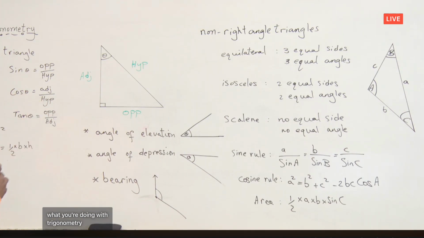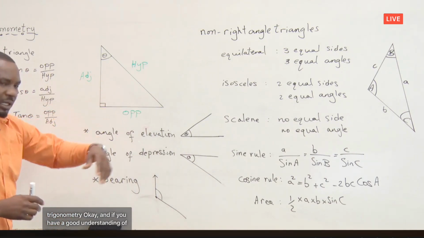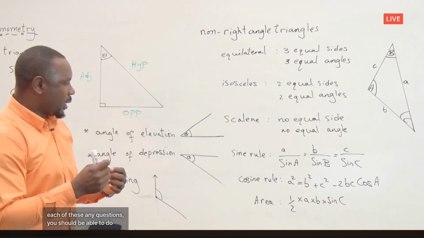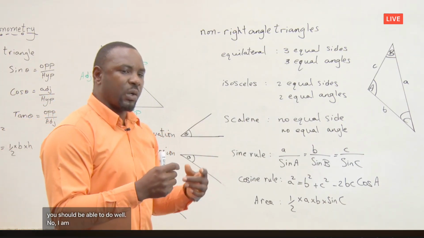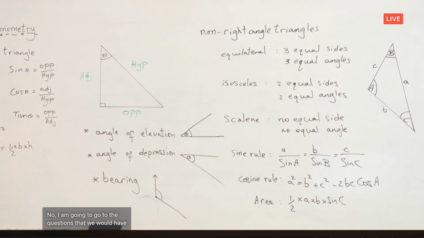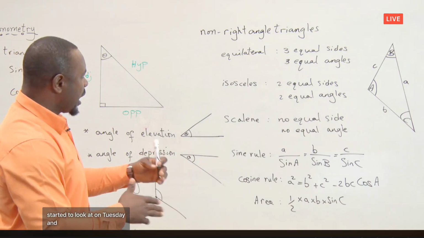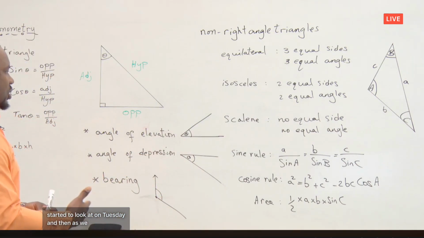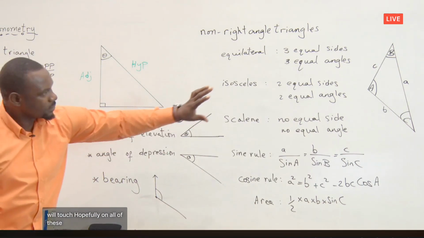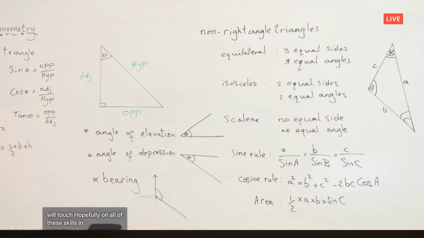So this is basically the overview of what you're doing with trigonometry. Okay? And if you have a good understanding of each of these, any question that comes on trigonometry, you should be able to do well. Now, I am going to go through the questions that we would have started to look at on Tuesday. And then, as we progress, we will touch, hopefully, on all of these skills in trigonometry in different parts of the question.